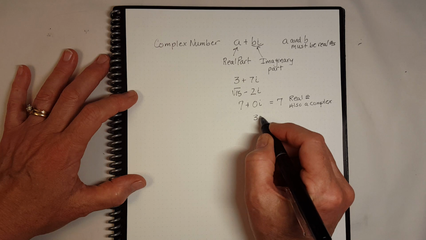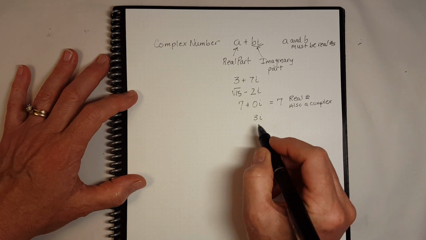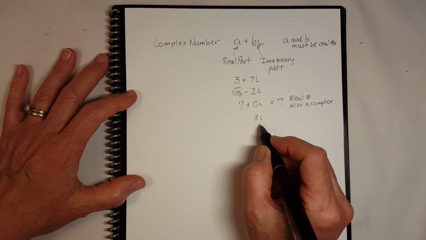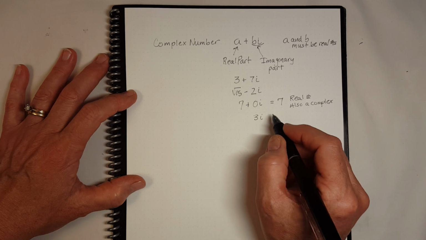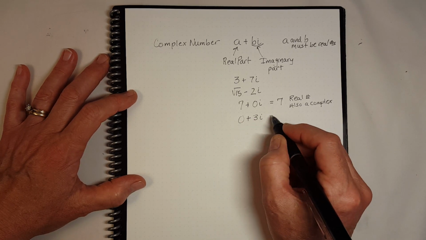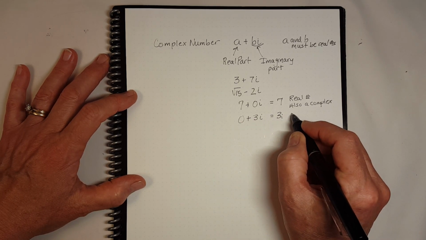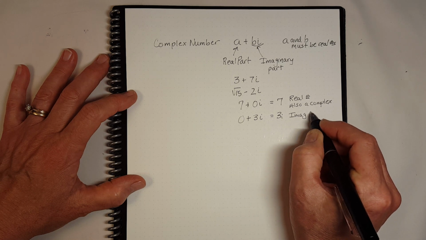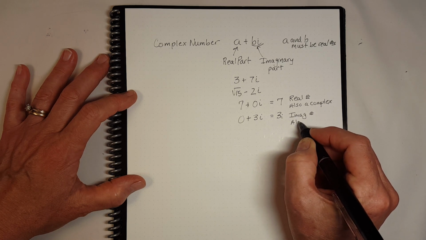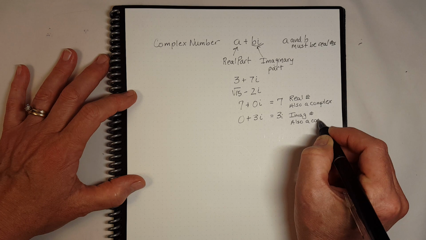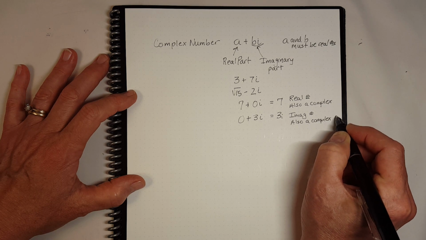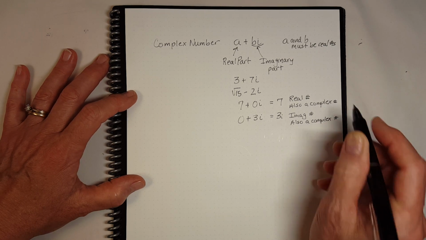And 3i is an imaginary number, but it is also 0 plus 3i, so it's also a complex number, because imaginary numbers are part of the complex number system.